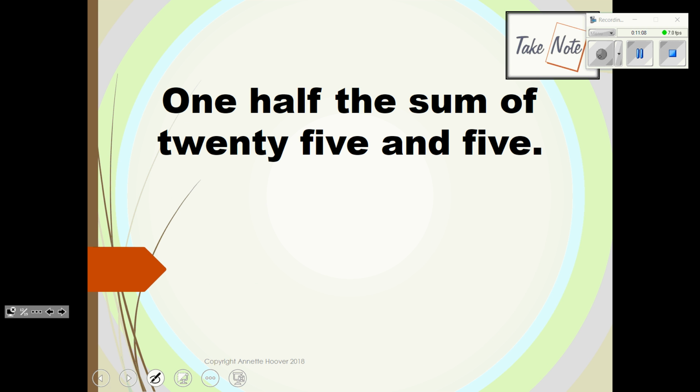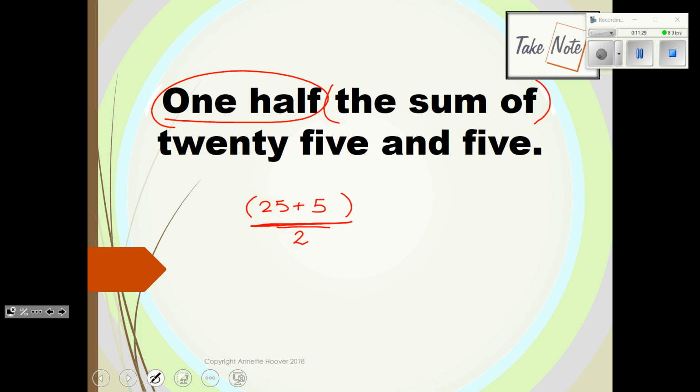1/2, remember that means we're going to divide by 2. When we divide by 2, we can just use our division bar like this. We're going to divide it by 2. The sum of, there's that phrase, the sum of, so we know this is going to be in parentheses, 25 plus 5. So we can either write it with the division bar like this, or you can write 25 plus 5, the sum of those two, divided by 2.